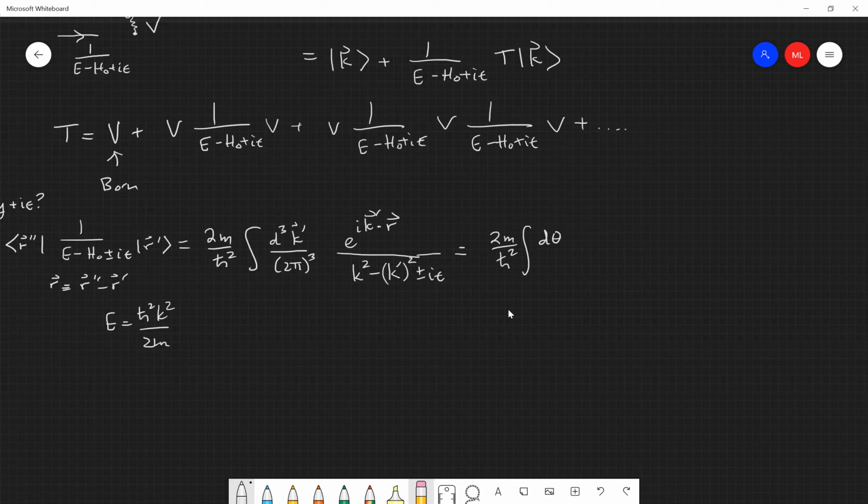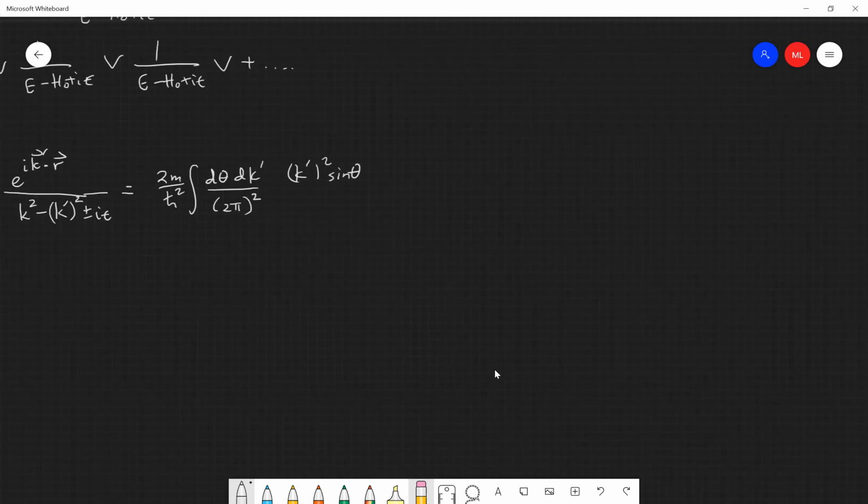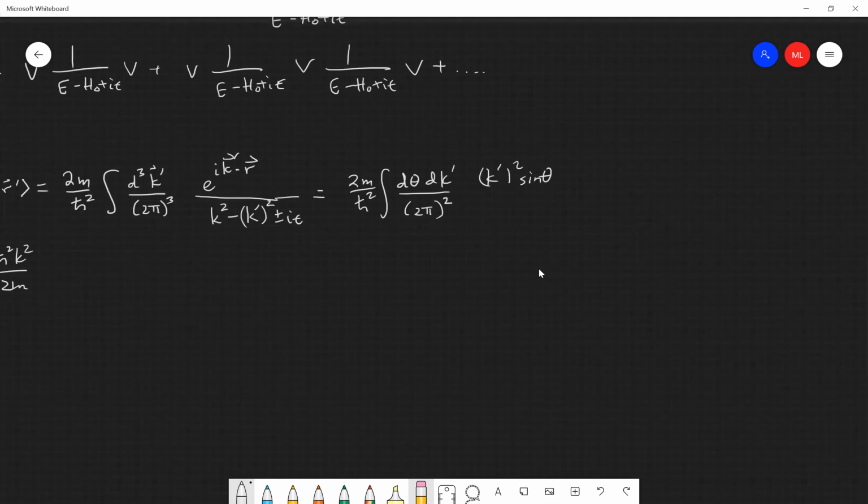So you get an integration over theta and an integration over the magnitude of k prime. One of these factors of 2 pi cancels, and you get k prime squared sine theta. That's from the measure, spherical coordinate stuff. You get e to the i k prime r cosine theta.